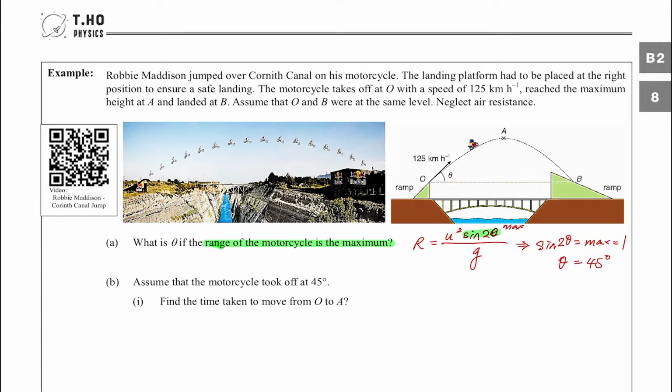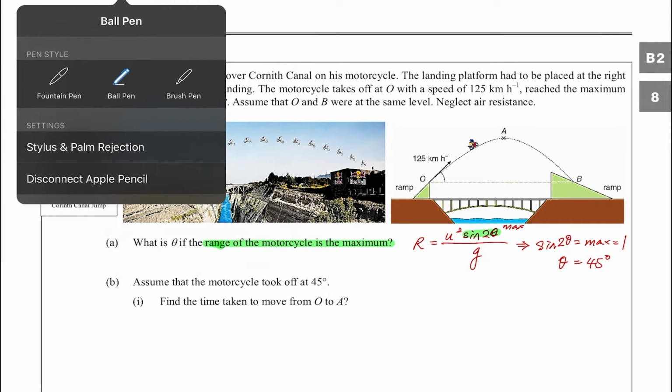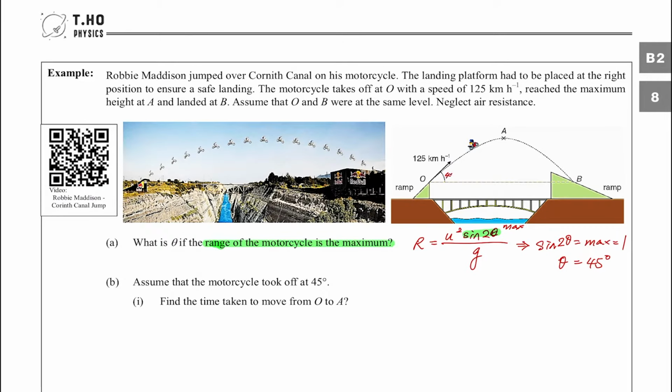Part B, assume that the motorcycle took off at 45 degrees. Now we really have 45 degrees. So the launching speed of the motorcycle is 125 km per hour. As you can see, this is not an SI unit, which is not good.